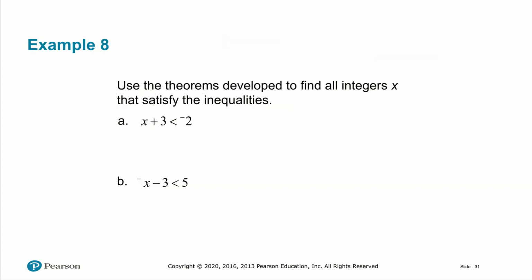All right, now here we're going to solve these inequalities using some of the properties we've learned, right? We did learn, remember, that if you have a is less than b, then you can add the same integer to both sides. Notice that you can even subtract the same integer from both sides. After all, subtraction is a kind of addition, right?